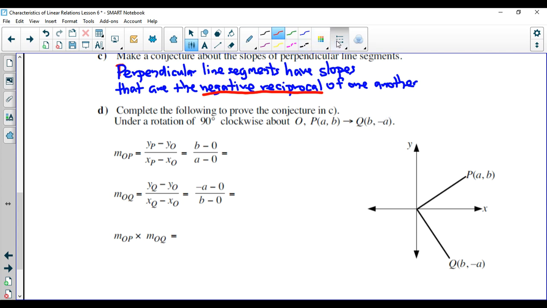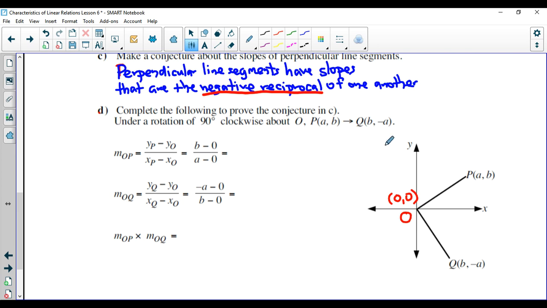Okay, so if we calculate the slope here, so it wants me to calculate these slopes. So this time around, they're labeling the center of rotation as point O, which should have coordinates of 0, 0.